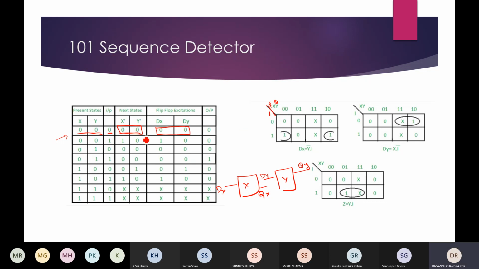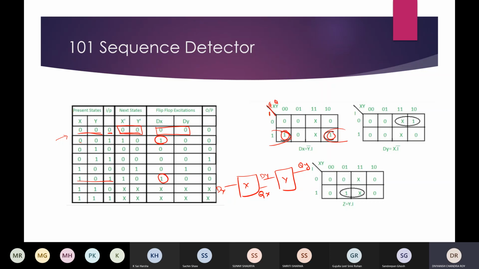Now considering the change of state case, dx is equal to 1 for 001, which is written here, and again dx is 1 for 101, that is here. So if I draw the K map, I will be circling this way, and I will get dx is equal to y complement and I. Y complement means qy complement, ANDed with I.